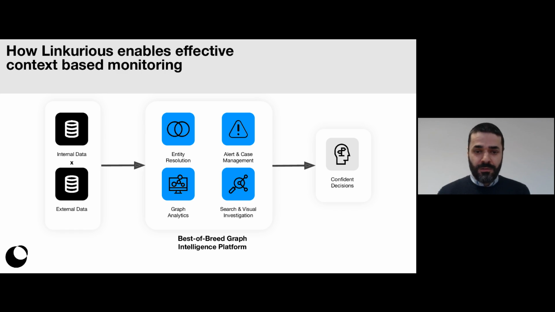All of that works together to help make higher quality and faster decisions. So that's how Linkurious enables effective context-based monitoring of your transactions.